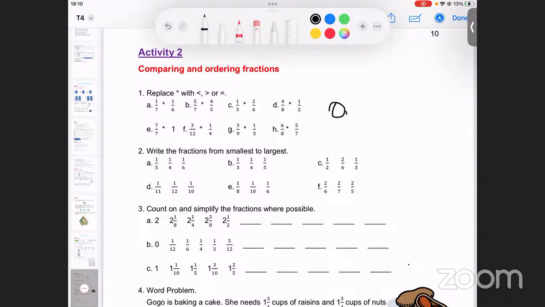Ma'am, when I said 1 divided by 7 on my calculator, it gave me 1/7. And I'm not sure. What kind of calculator are you using? I'm using a scientific calculator. Okay.